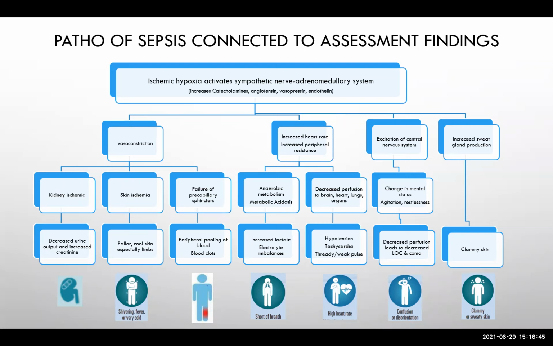It all starts with an ischemic hypoxia that activates the sympathetic nerve-adrenomedullary system, which increases the four things that we reviewed: catecholamines, angiotensin, vasopressin, and endothelin, resulting in decreased urine output, increased creatinine, pallor, cool skin, peripheral pooling of blood or blood clots, increased lactic acid levels, electrolyte imbalances, hypotension or hypertension, tachycardia, thready weak pulse, decreased perfusion, which can also lead to decreased level of consciousness and potentially coma.